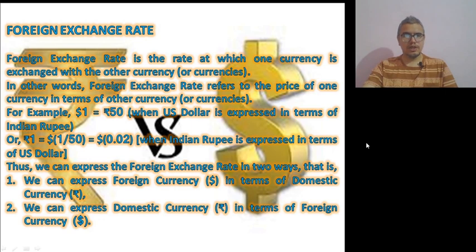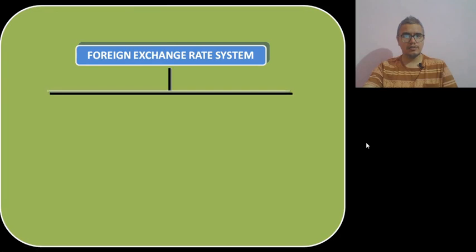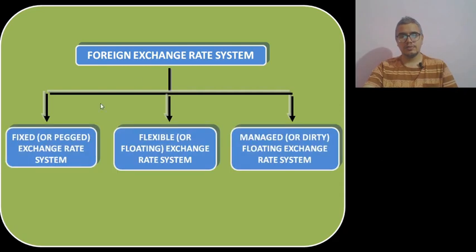Now, foreign exchange rate system. There are three types of foreign exchange rate system which have prevailed or which are prevailing in our economy right now. Okay, the first type of foreign exchange rate system is fixed, or it is also known as pegged exchange rate system.